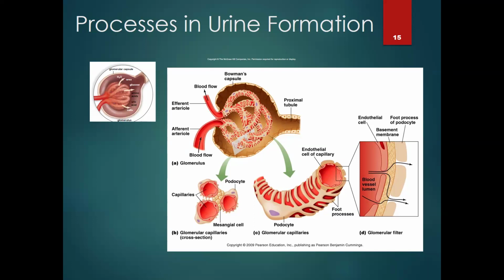All the plasma and water is squeezed out into the Bowman's capsule, and then the blood goes back out. But remember, this blood is very dry and low in basically everything except cells, and that will flow around and past the proximal convoluted tubes and others later on.